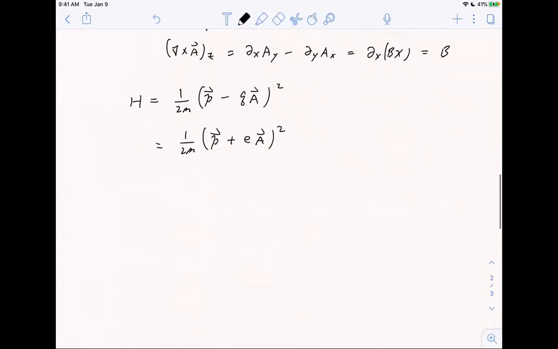And then we open it, and then plus e p dot A plus e A dot p.